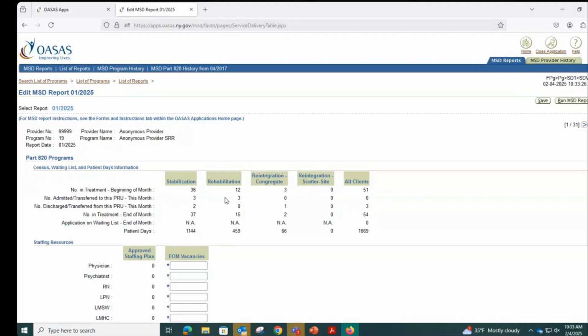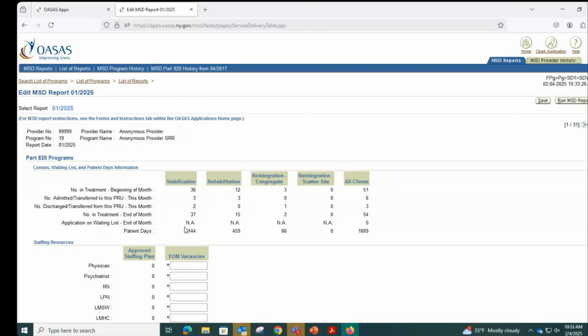Again, we see the CDS transactions here with the number of clients that were in our program at the beginning of the month, broken down by element of care with the total at the end. We then see admissions, discharges presented in the same way by element of care.